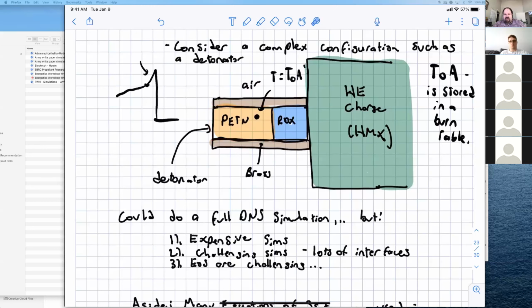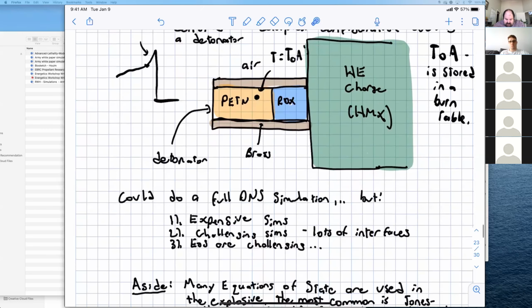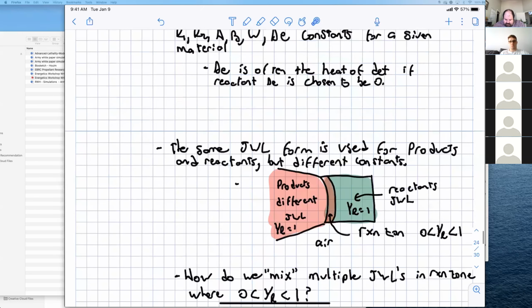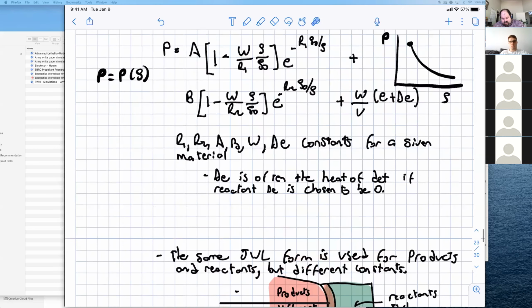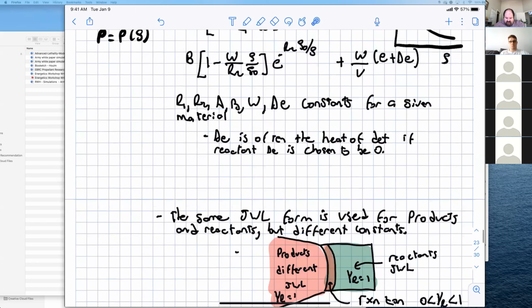And the reactants are a different JWL gas, and the reactants for Penton are yet another different JWL material. Fortunately, the form for all of these different materials for JWL is used for the products and the reactants, but they all have different constants.